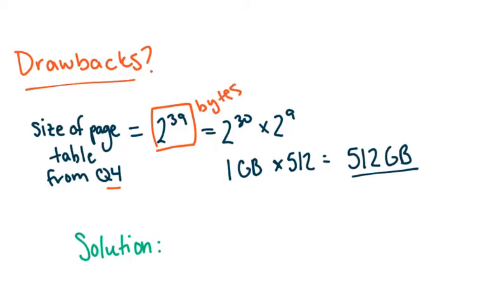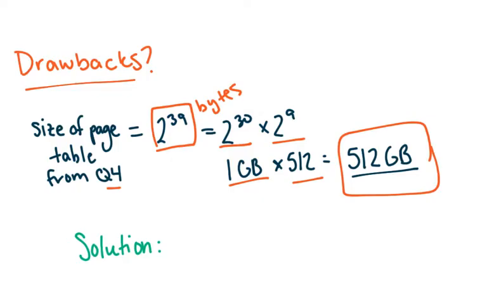If you do the math and convert this back out to gigabytes, 2 to the 30 is 1 gigabyte times 2 to the 9, that'll be 1 gigabyte times 512. This is 512 gigabytes. Remember that these pages have to sit somewhere, and they're going to sit in memory themselves. That's a lot of space to take up for just your page table. So this is not scalable in the single page table method.